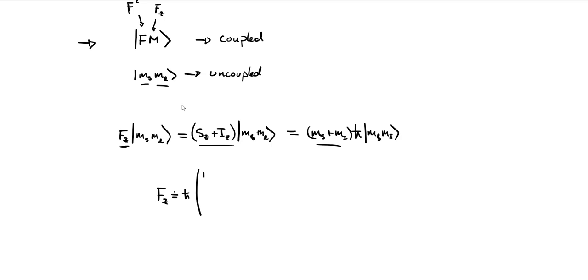For the up-down and the down-up states, they're going to be 0 and 0. And for the down-down state, that's going to be -1. And then we're going to have zeros on the off diagonal. So again, in the up, down, uncoupled basis, we have a diagonal matrix.